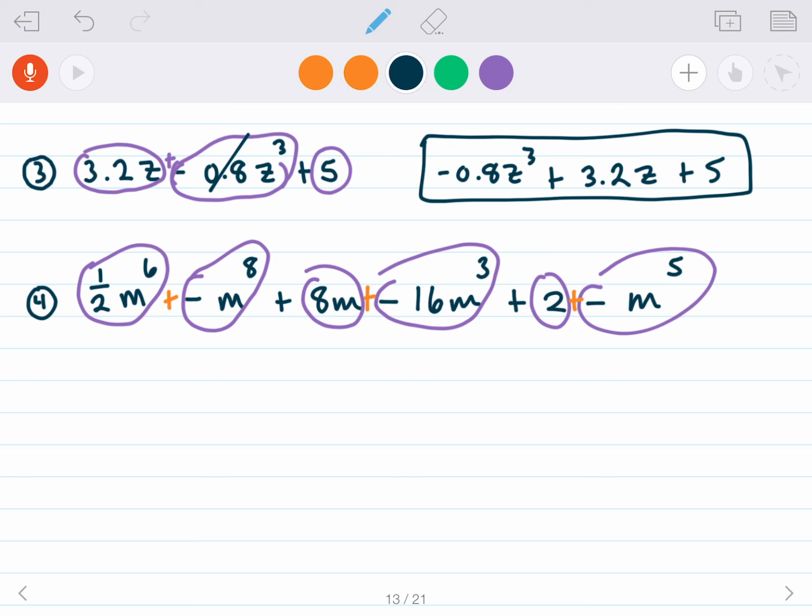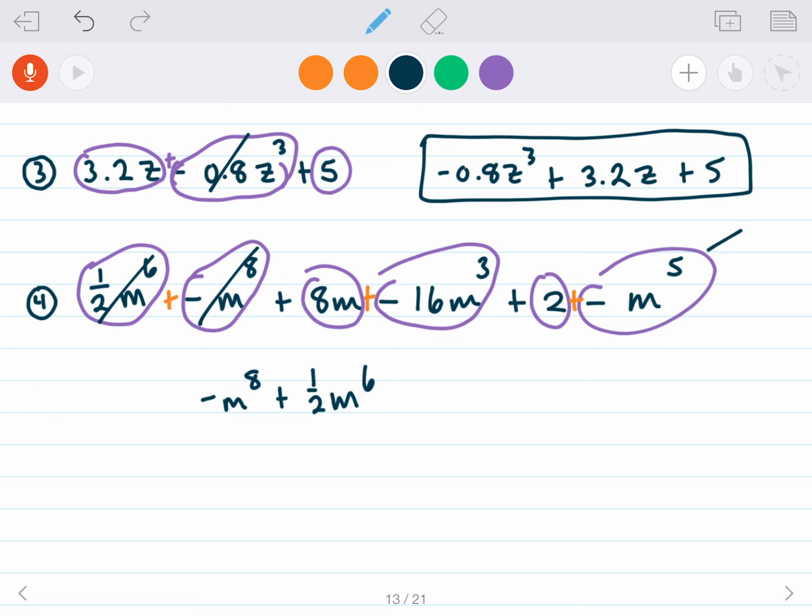So what's the highest exponent? That's going to be 8. Okay, so that guy comes first, and he has a negative in front of him. So negative m to the 8, followed by the next highest, which is m to the 6th. So positive 1/2 m to the 6th, followed by m to the 5th.